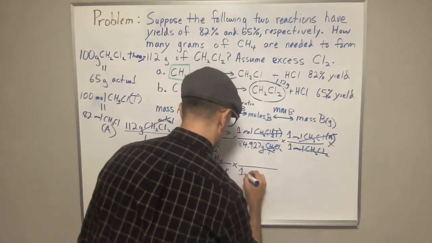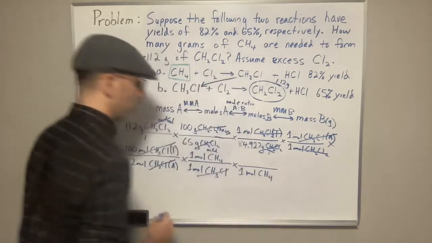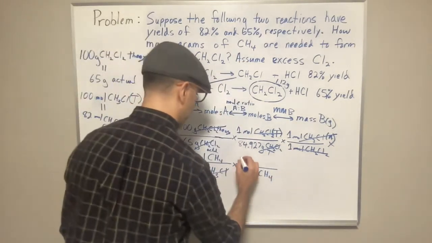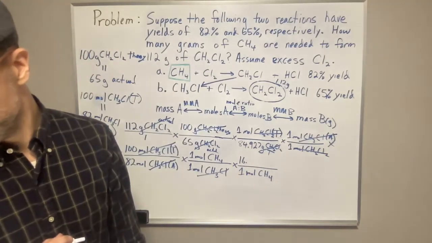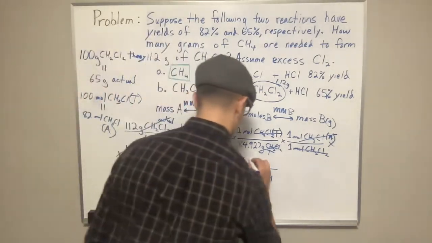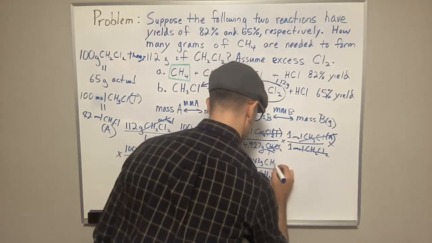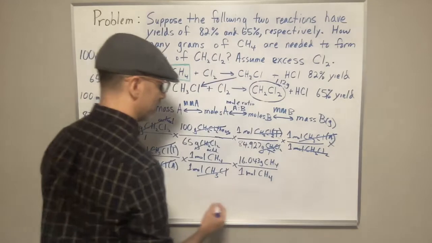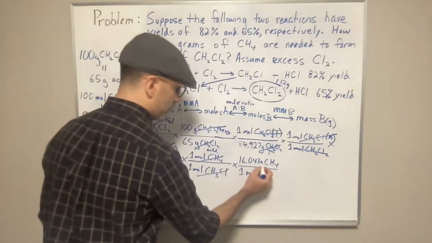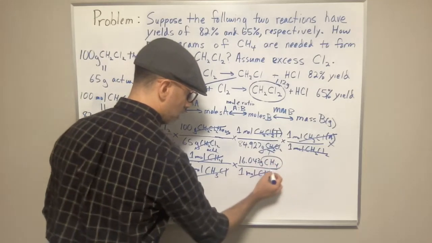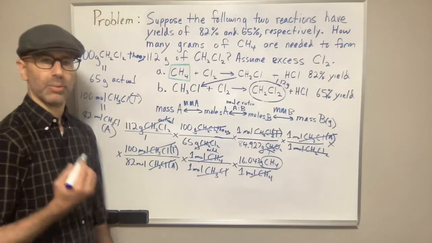So we have 1 mole of CH4 on the bottom and 16.043 grams of CH4 on the top. Moles cancel out, and now I have the grams of CH4 on the top. That's what I want, so I'm going to stop there.